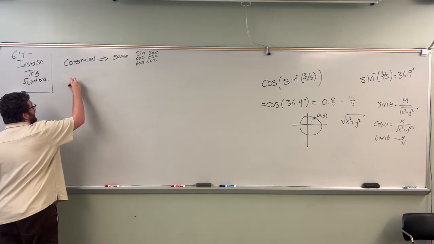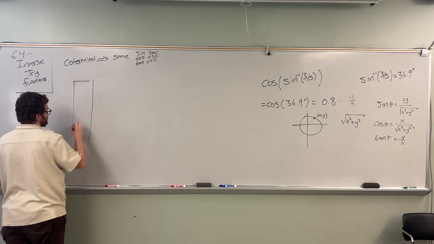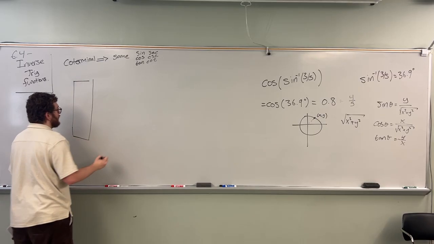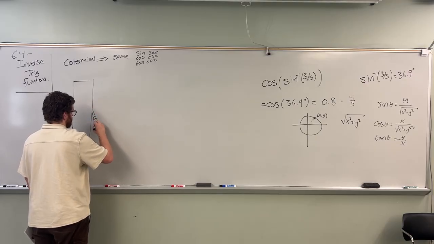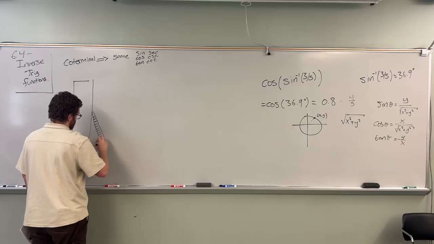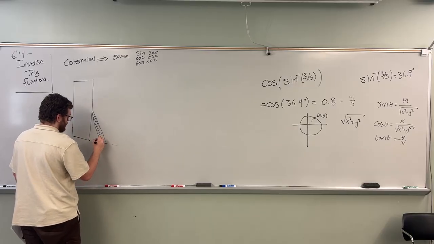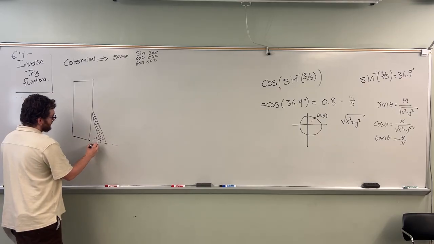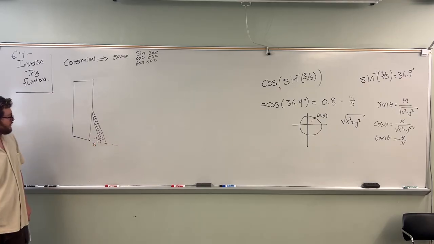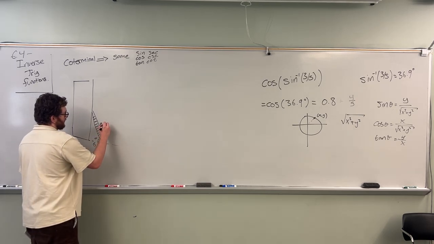So an example might be, I have some building. I don't know how tall the building is. And I've got a ladder leaned up against it. I know the ladder is 6 feet away from the base of the building, and the ladder itself is 20 feet tall.